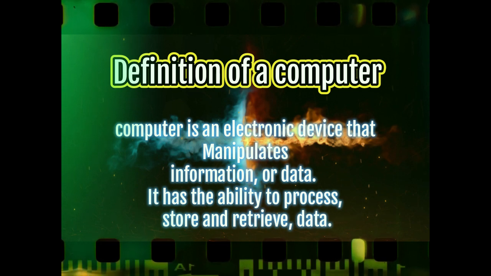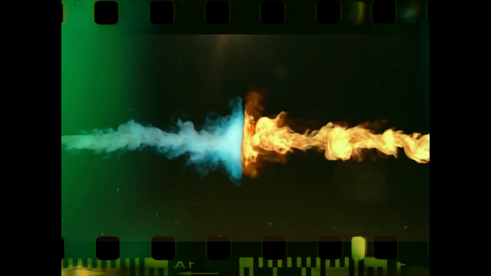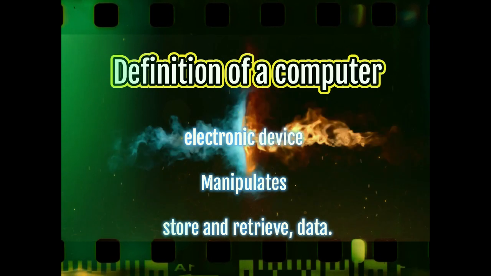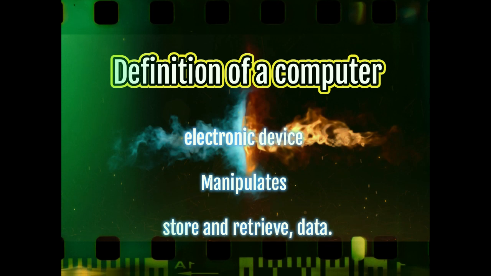When you look at this definition, what is the meaning of the three words? There is electronic device, there is process, there is store and retrieve. There are three words, but I'm selecting four.